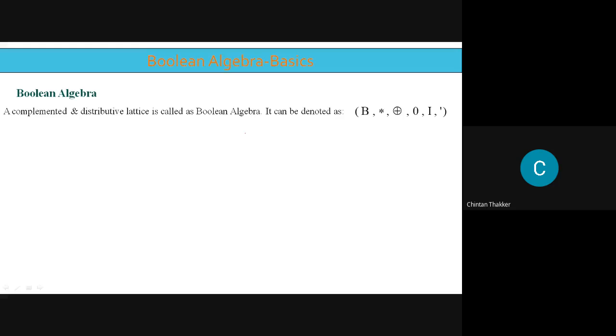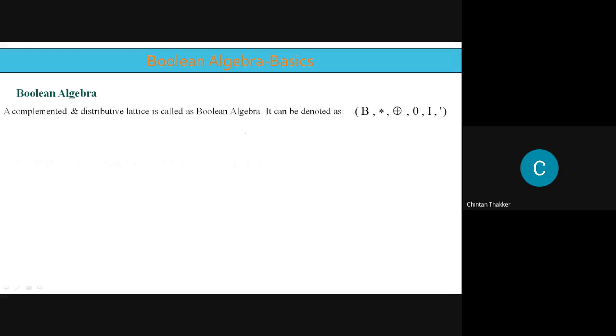And then write all 6 properties: commutative, associative, absorption, distributive, bounded, and then complementary. You can write both ways.